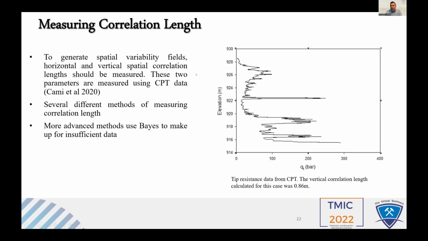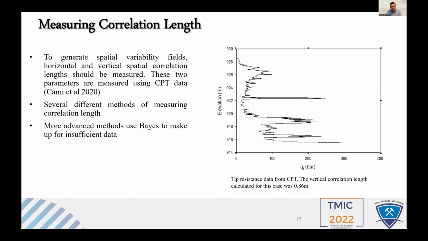But luckily, one of the data sources that we use for measuring this correlation length is CPT data, which is available basically in every project. And we published a paper with Dr. Phoon and Ching and Brigid, and we have several tables that suggest different typical values for correlation length.